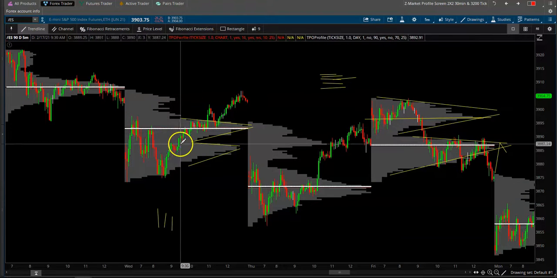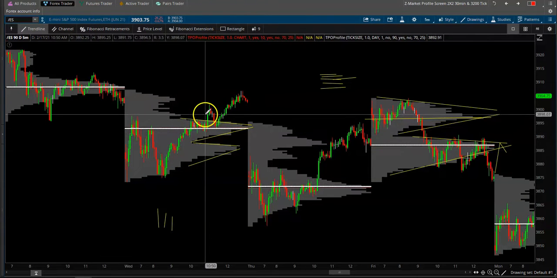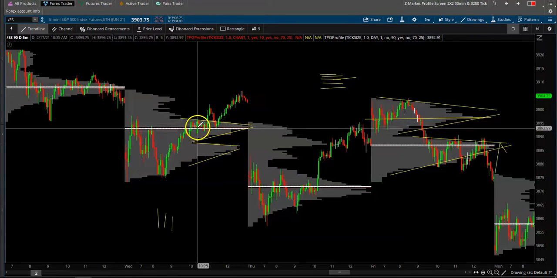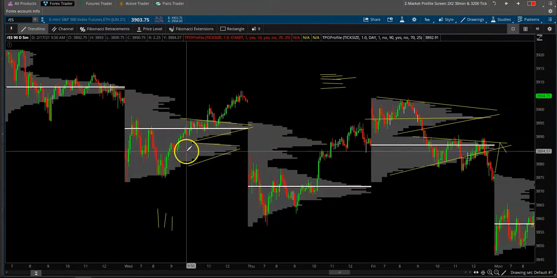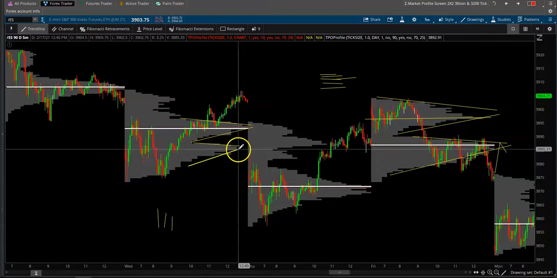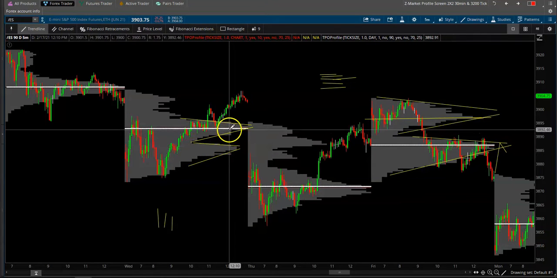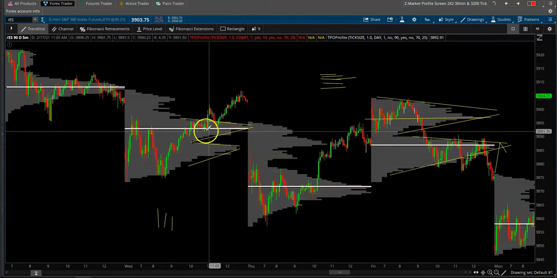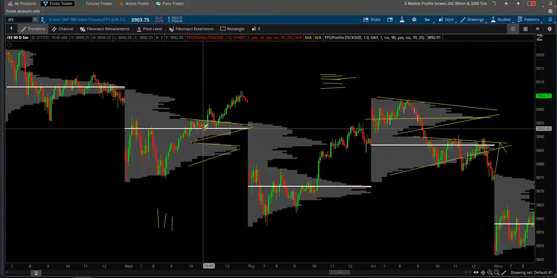This point of control was here, but then when we broke out, and probably on this pullback with all the time being spent right here, instead of saying we want this to be the point of control, we're going to move it up here because we see this is more of an accepted price. So that's all that really is at the end of the day.